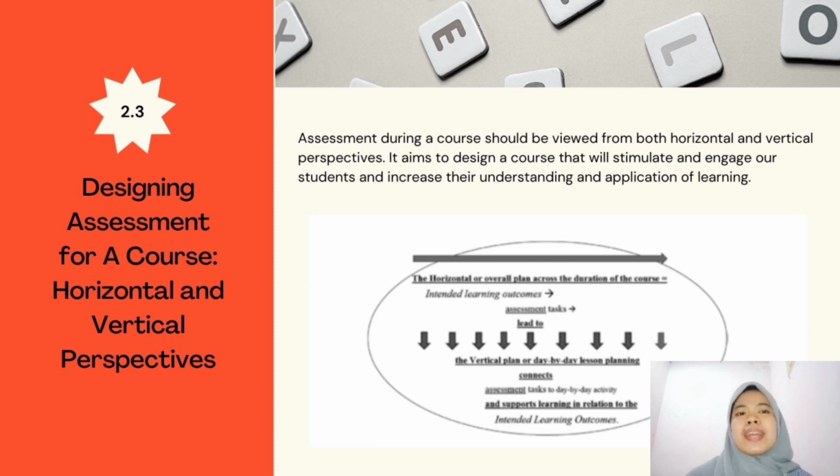The horizontal plan begins with the intended learning outcomes and the assessment tasks, for example, quizzes, presentations, portfolios, reports, or group interactions, which we will use to collect evidence of our students' learning. Through defined learning outcomes and backward design, we move from the outcomes of the course and their assessment to the day-by-day activity in the course.